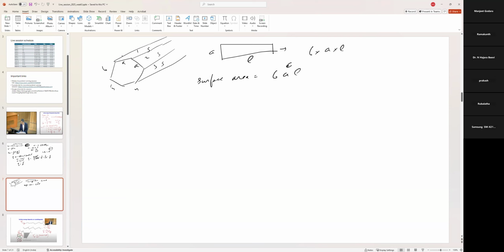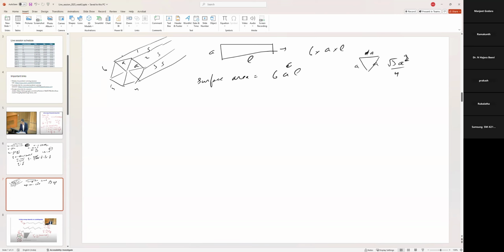Now calculate the volume. It's a hexagonal particle, so you can divide it into 6 little triangles. And for each little triangle, the sides are A. You know the area of a little triangle is root 3 A squared by 4.